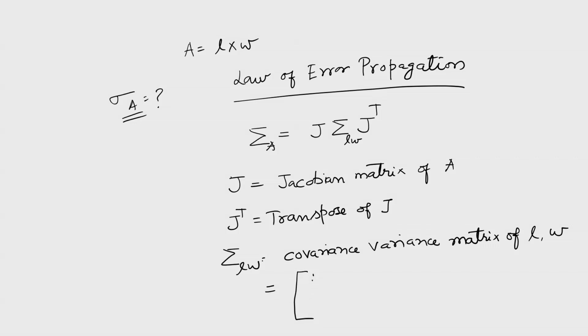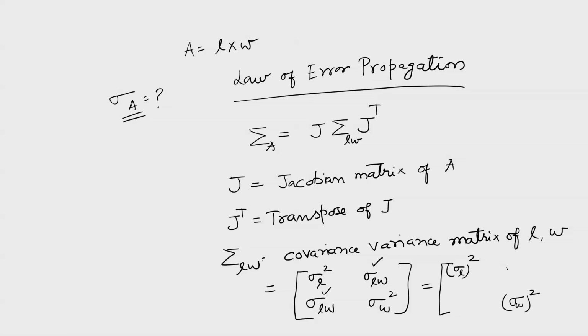The matrix has sigma L square, sigma W square, sigma LW and sigma LW. These two values are the same and equal, representing the covariance of errors of the measurements in L and W.